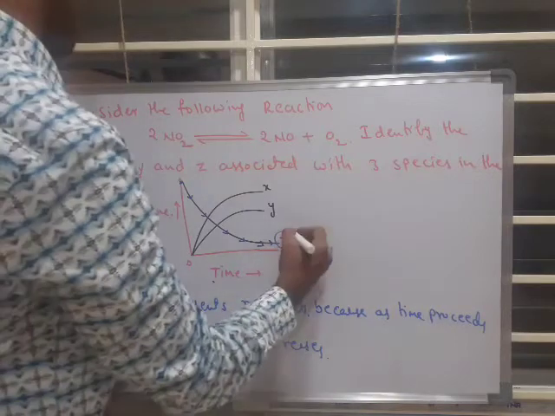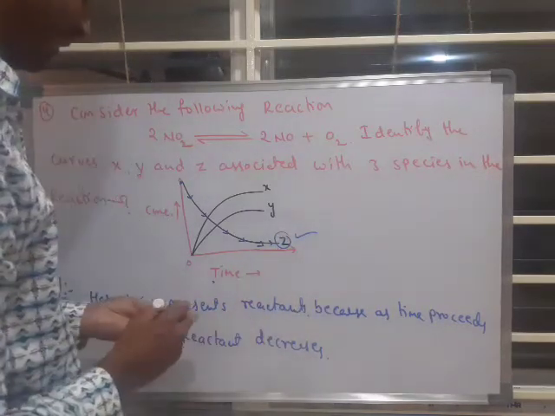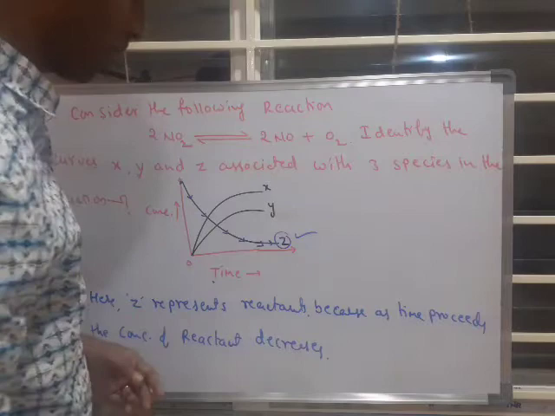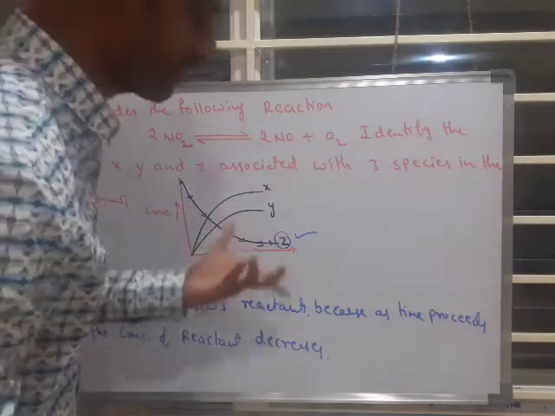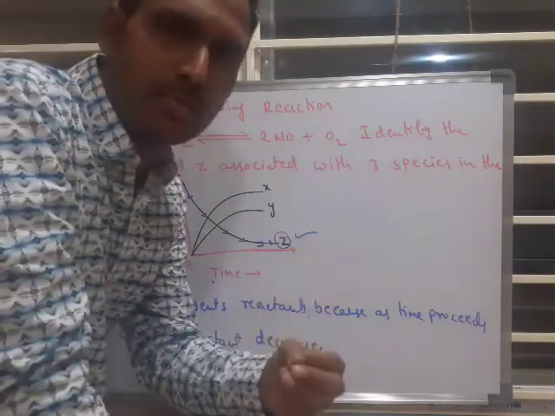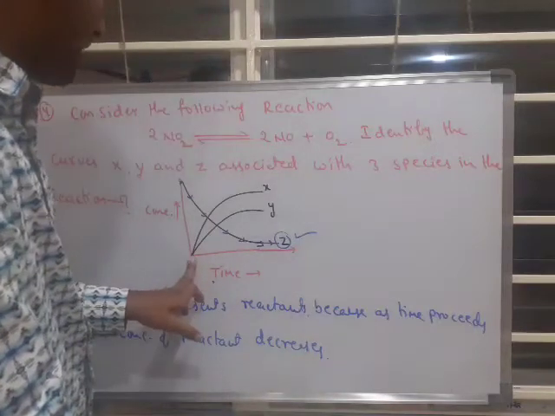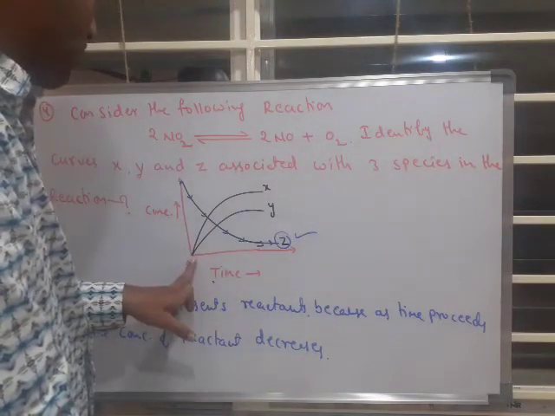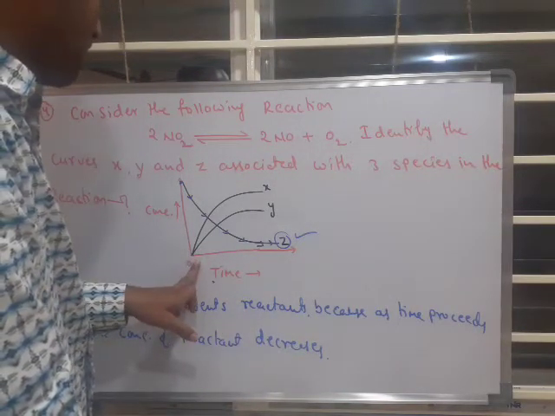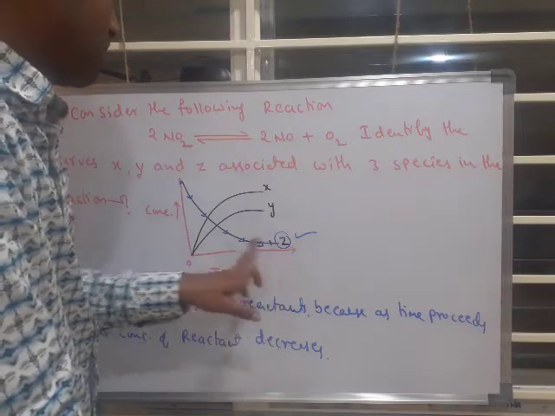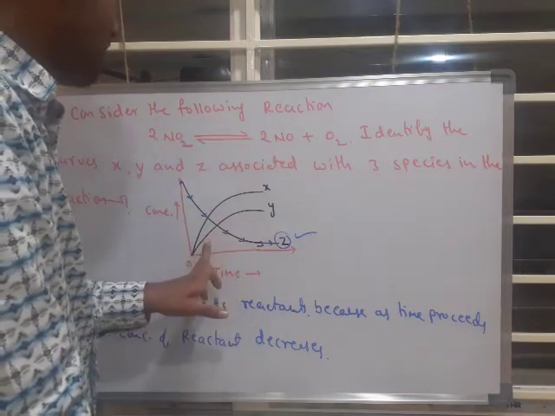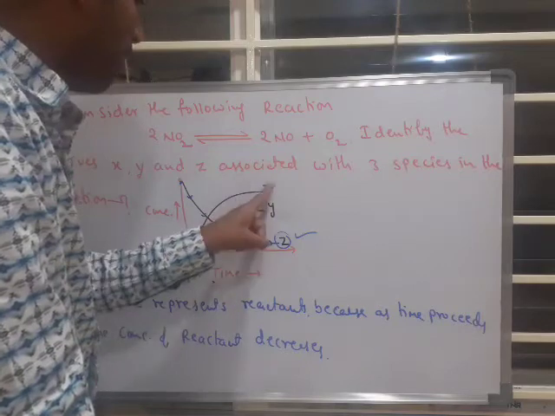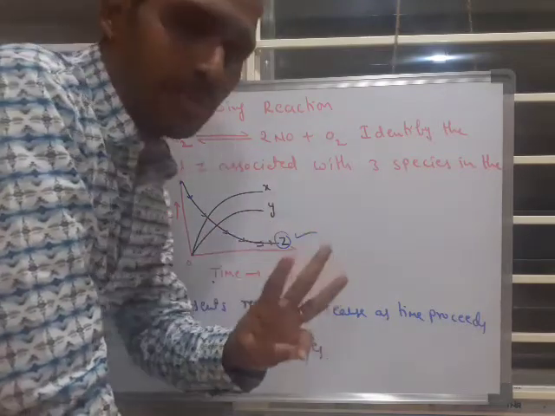So Z represents the reactants. What about X and Y? X and Y indicate the products, because as time increases, starting from zero time, the graph starts at zero concentration only. As time proceeds, the concentration of X increases, Y increases. So the X and Y lines indicate the products.